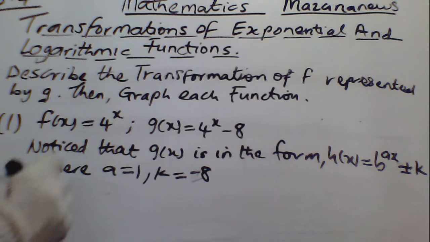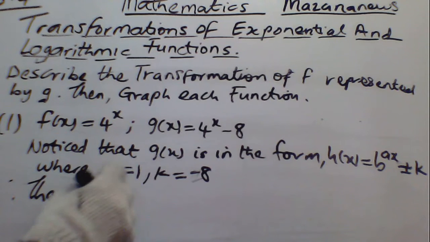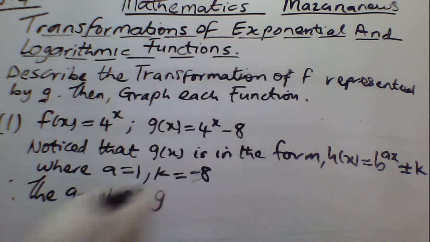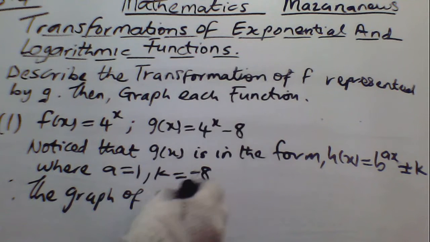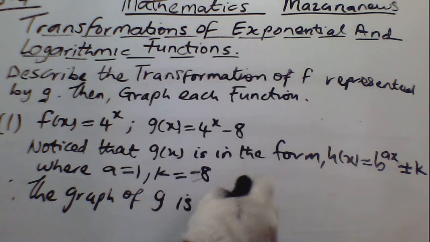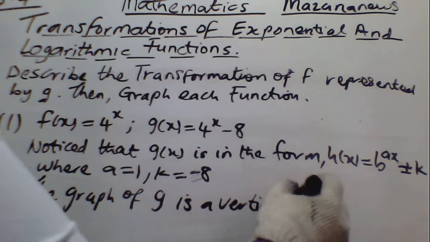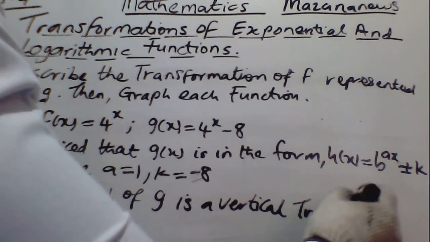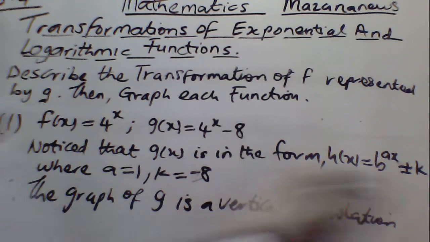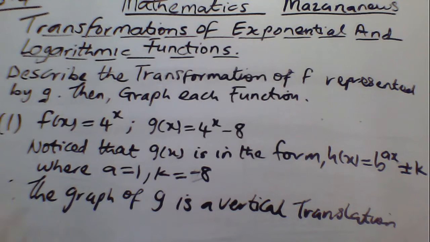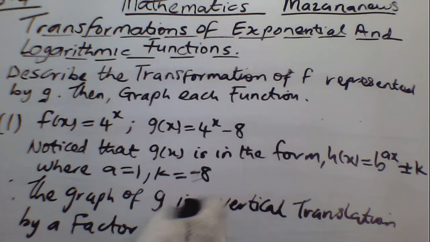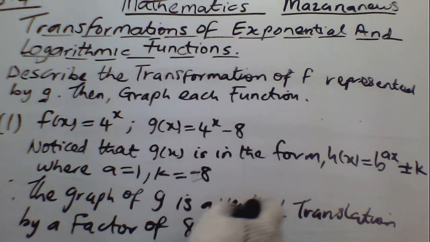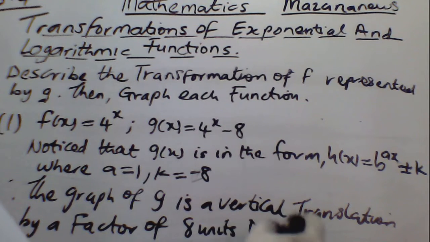Therefore, the graph of g is a vertical translation by a factor of 8 units down.